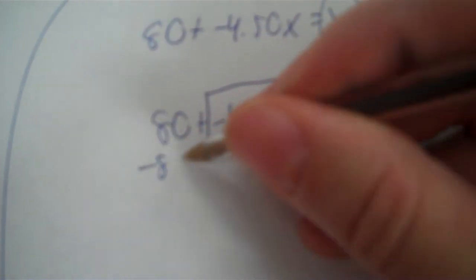Okay, now I've got the nice equation I can write. So 80 plus negative 4.50x equals y. We're going to put $0 in for y. Okay, let's move the 80 over.